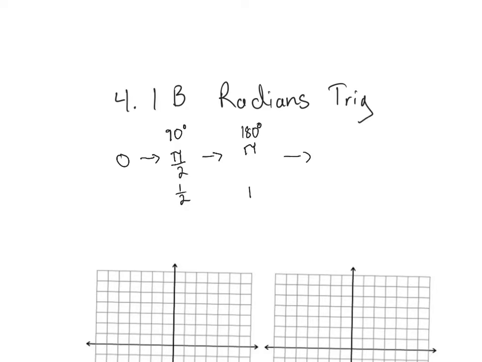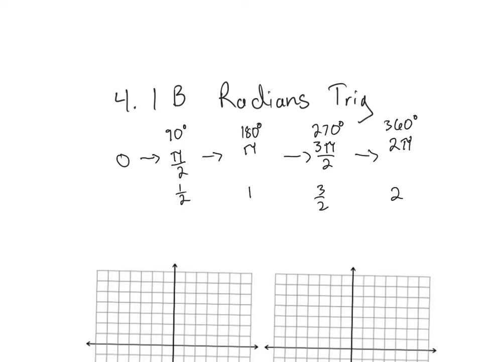And then 3 pi over 2, or 3/2, is 270 degrees, because we're adding on another 1/2, or as I like to think of this as 3/2. And then from there, a full circle is 2 pi, or 360 degrees, and I think of the number 2.